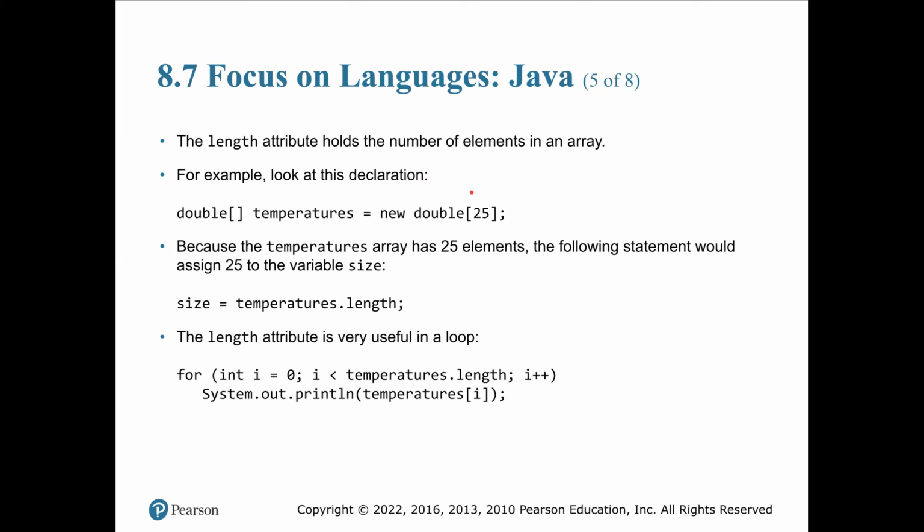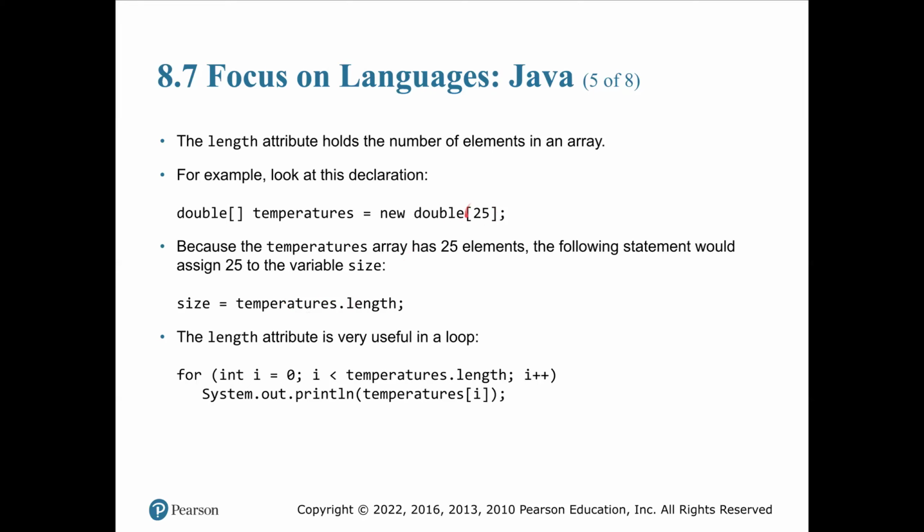The length attribute is how you get the number of elements in the array. Once I've created the array of 25, then I can ask the array itself, how many elements do you have? Temperatures.length. I can use this in a for loop, or just to get information about the array.